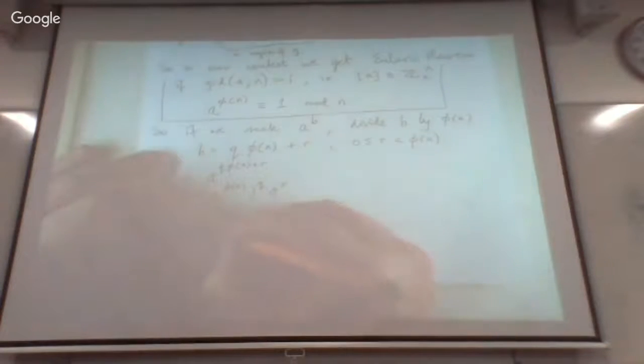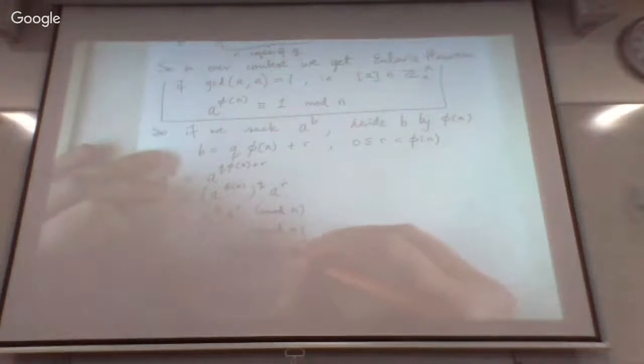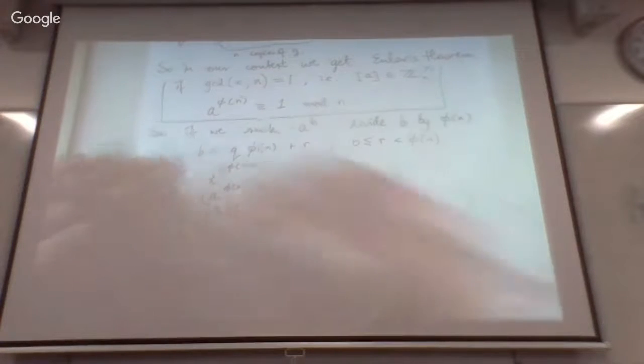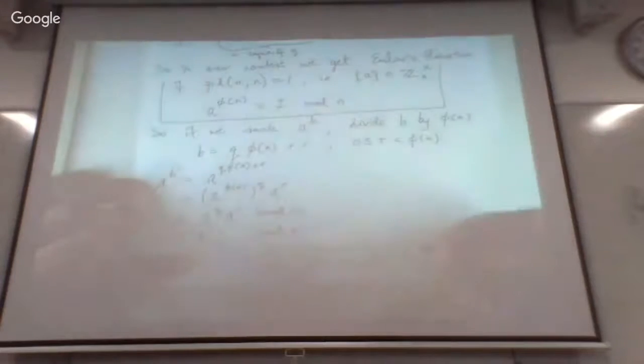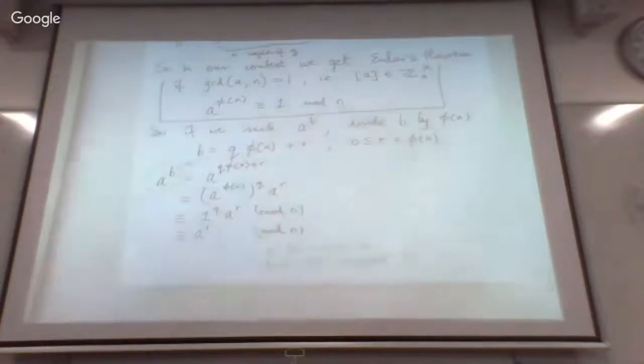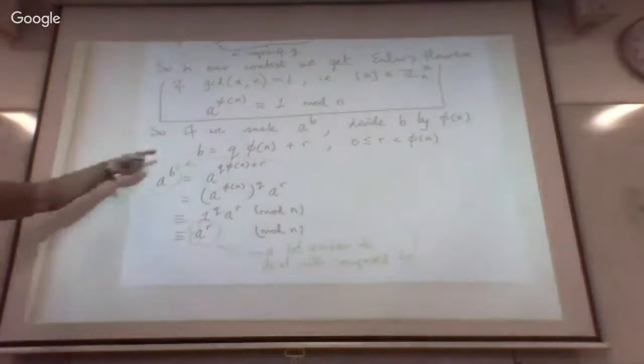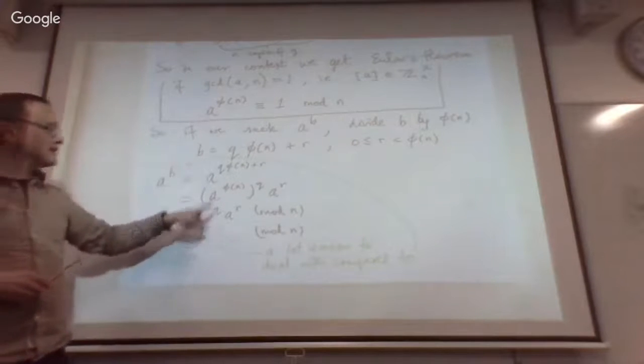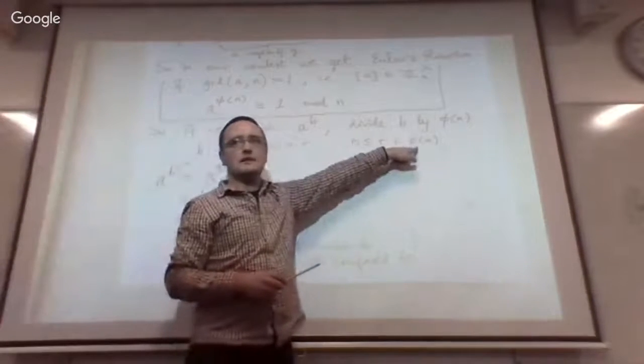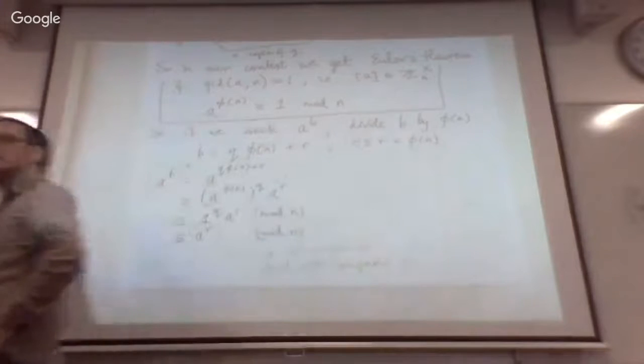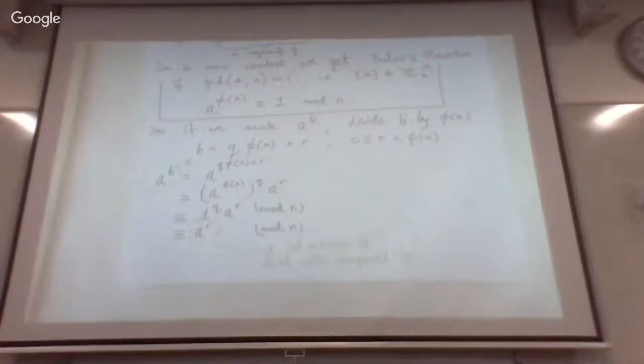So this object here is a lot easier to deal with compared to this object here. Okay, because that b could be huge, but the r can only get so bad. Okay, the r is contained.